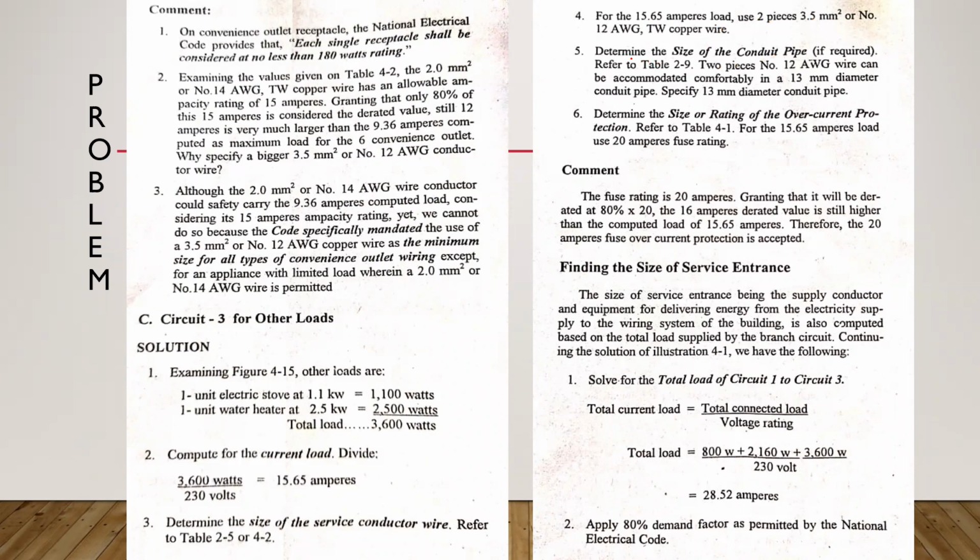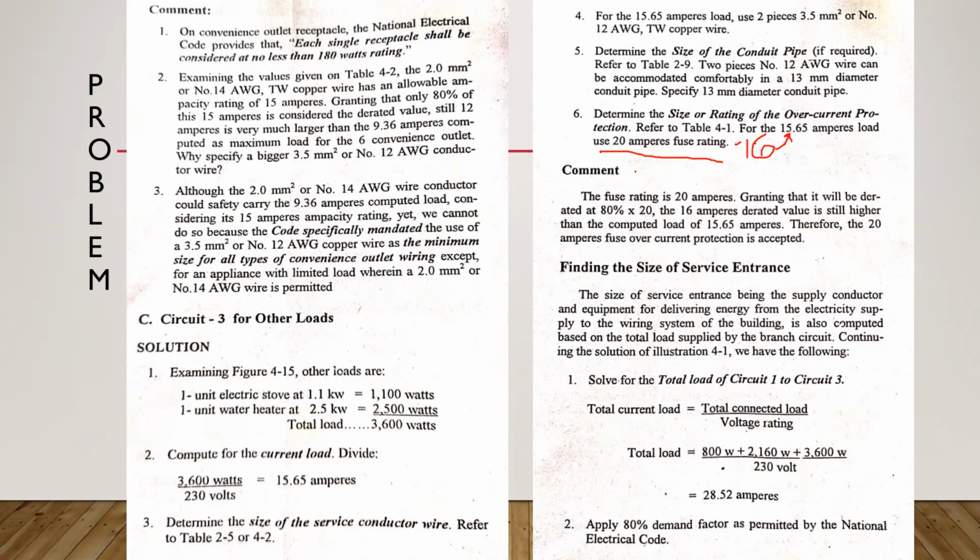Then, again, sa mga na-compute natin kanina, yung safe na size ng conduit pipe niya is 13 mm diameter. And then, yung ating fuse, size ng fuse natin or rating ng fuse natin is 20 amperes. Sa 20 amperes na yan, ang gagamitin is 16, di ba? So, mag-fall pa rin siya dito, pero borderline na.